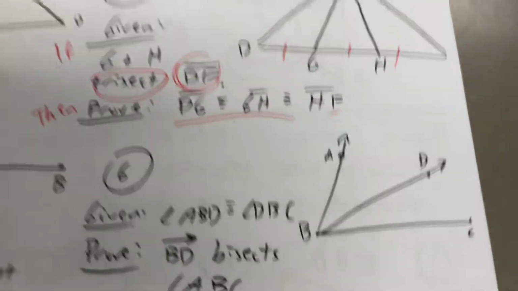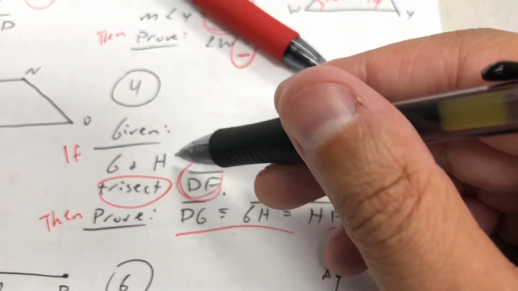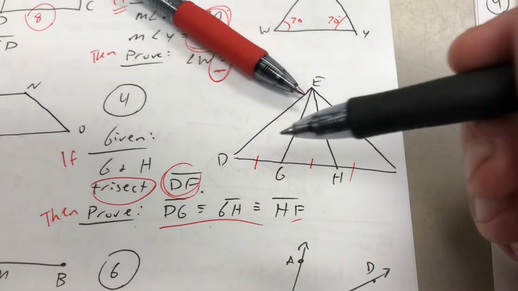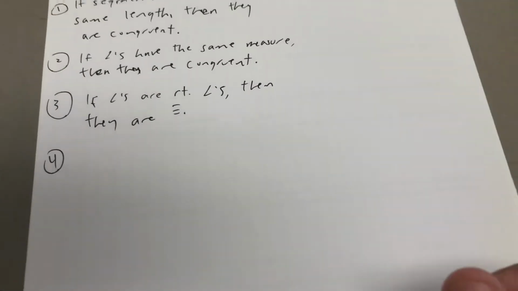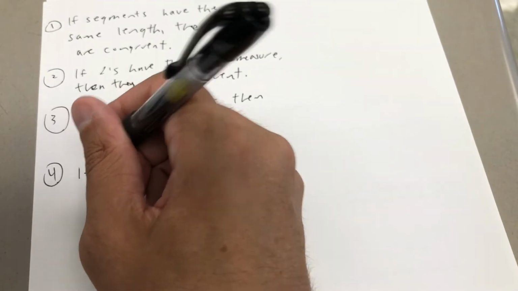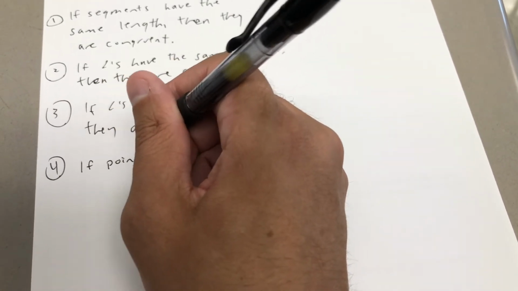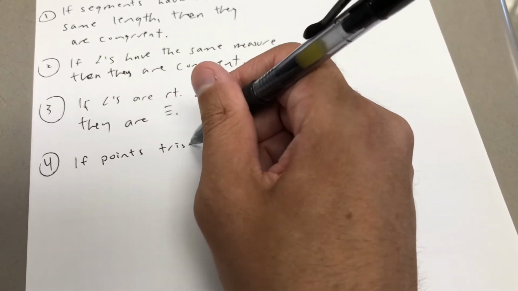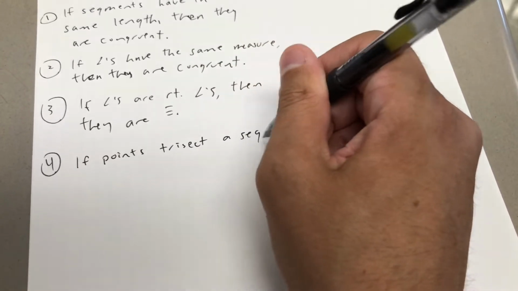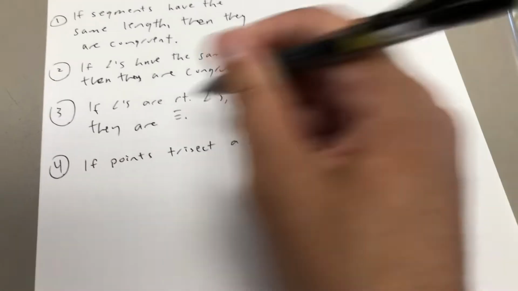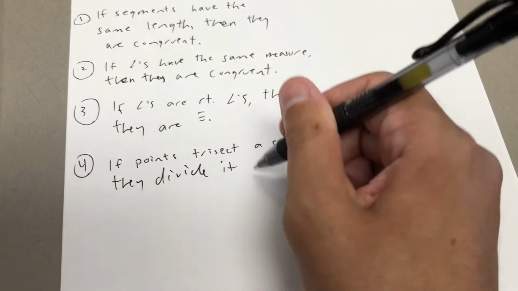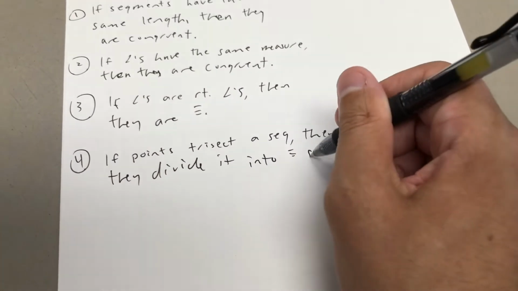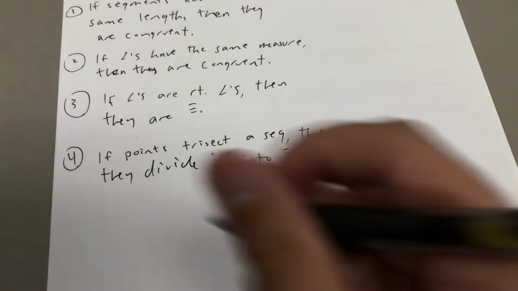So you can do something kind of low level and just say, if a segment's trisected, then it's divided into congruent segments. You can be a little bit more careful with the wording. We have points doing the trisecting, so we could say if points trisect a segment, then they divide it into congruent segments. That's all we need.